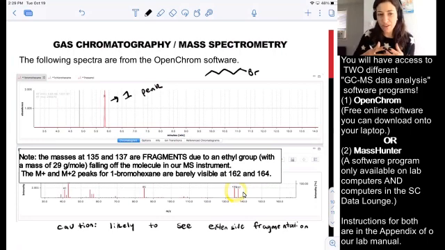I will also provide you in lab with a reference for 1-chlorohexane and hexanol. So your individual data may contain only one peak, or it may contain several peaks. And your goal is to identify which compounds are accounting for those peaks.